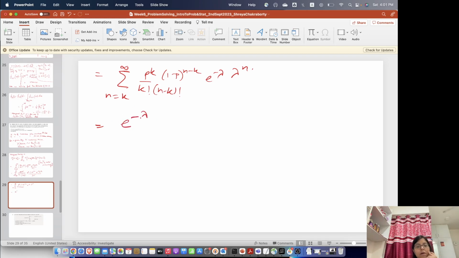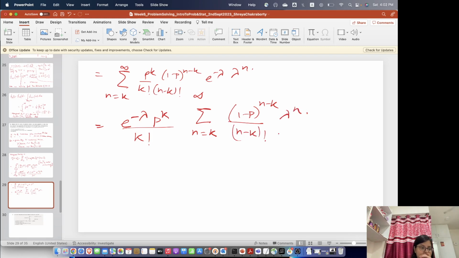So we can write e to the power minus lambda p to the power k by k factorial, summation n equal to k to infinity, 1 minus p to the power n minus k, divided by n minus k factorial into lambda to the power n.